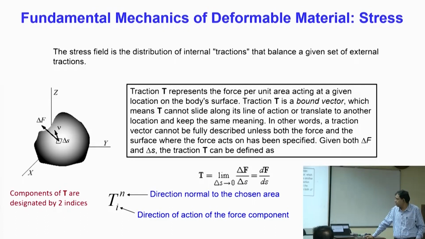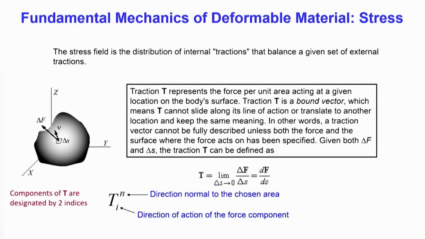Now you have something called a traction vector, but it is not as ordinary as any other vector, because it requires two indices. One is its direction, its component like a vector, but also the direction of the surface at which you are calculating it.